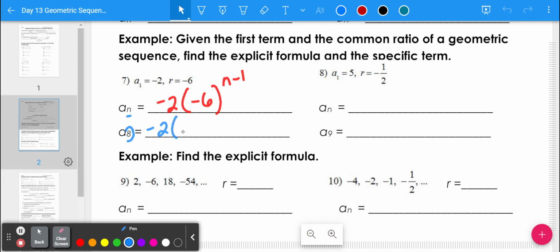So I say -2 times -6 to the 8 minus 1 power. And all you have to do is type that into the calculator. Remember that 8 minus 1 is going to be an exponent. And you should get 559,872.